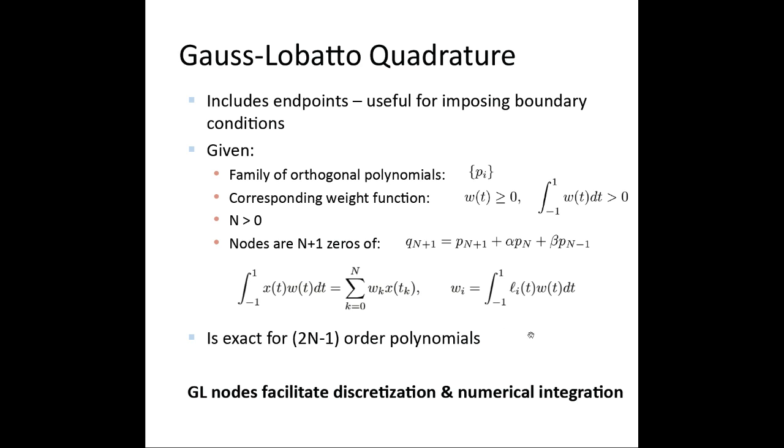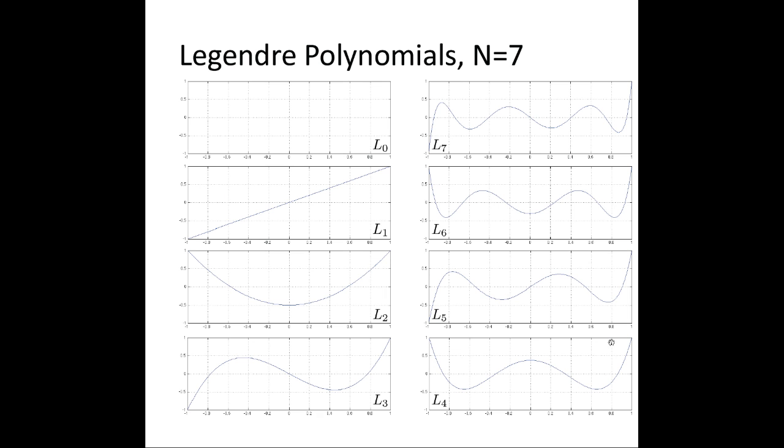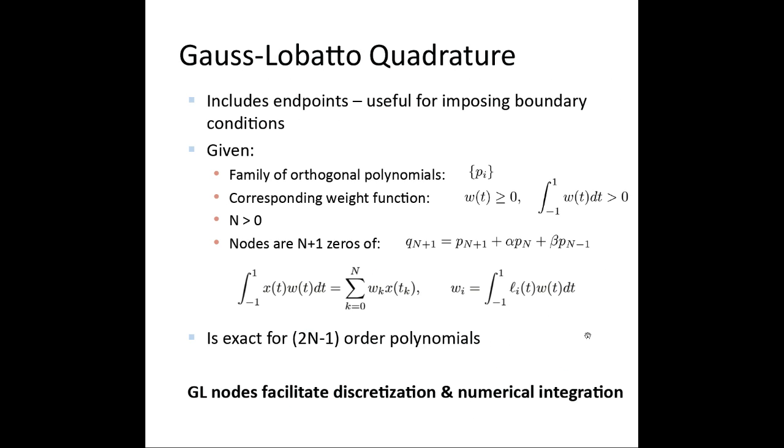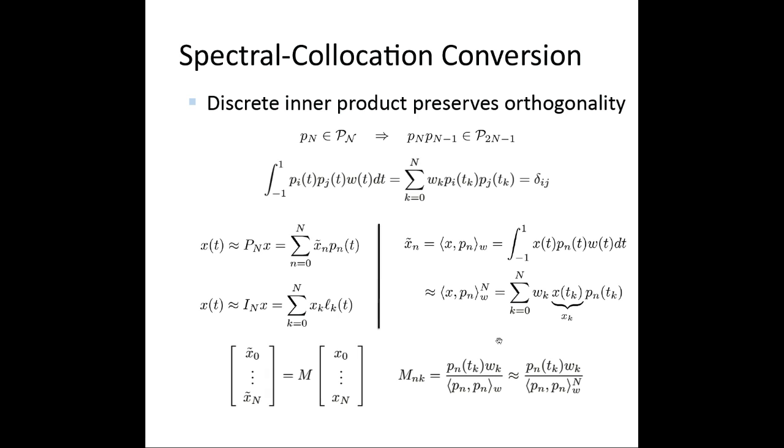Now, Gauss-Lobato quadrature is exact for 2n-1 order polynomials, and this is very powerful because this gives high accuracy when our optimal control problem is specified with a nth order discretization.